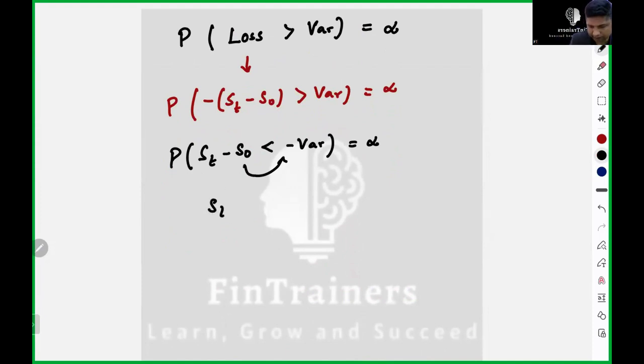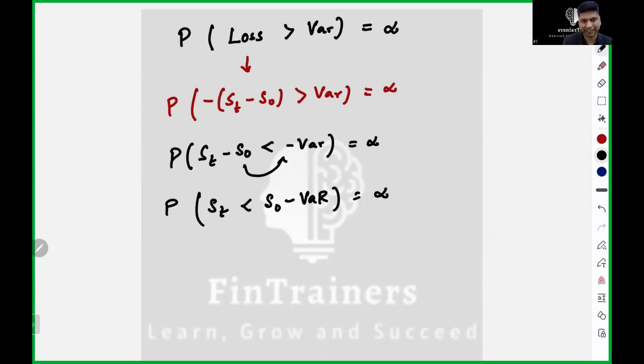So ST is less than S0 positive minus the VAR. Yep, makes sense. So this probability is equal to alpha.